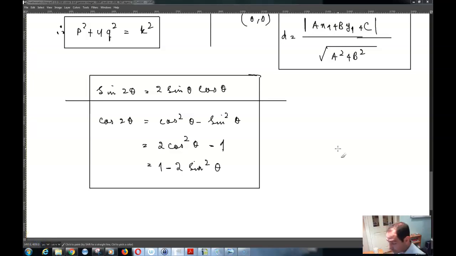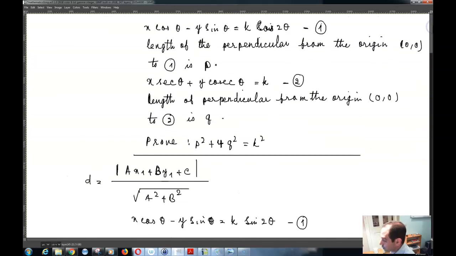Okay, so the next question that we have here is somewhat related to geometry and also analytical geometry. The question is, in the triangle ABC, you have a triangle ABC.